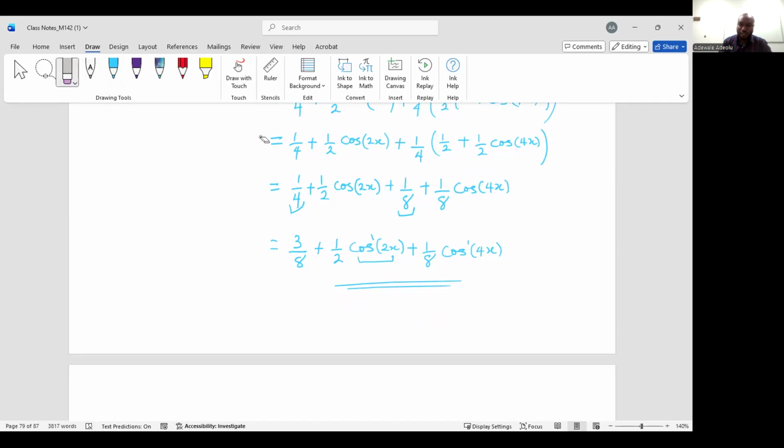So I stop. I have been able to reduce that function. Therefore, cosine raised to power 4 of x is the same thing as 3/8 plus 1/2 cosine of 2x plus 1/8 cosine of 4x.